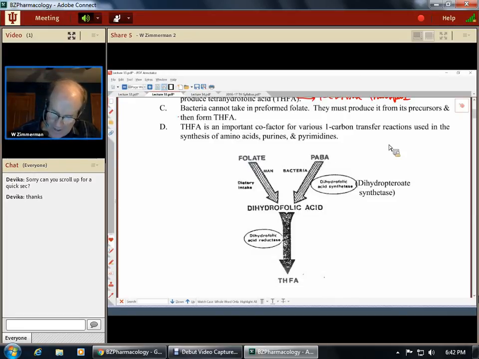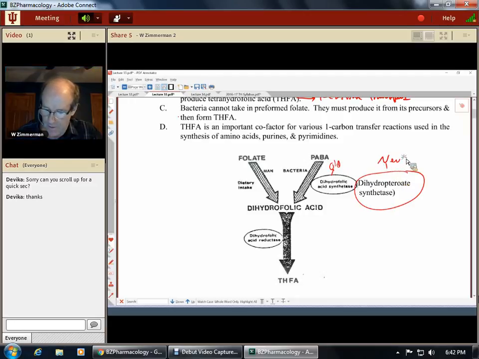We used to call it dihydrofolic acid synthetase, that would convert the PABA to the dihydrofolate. That's sort of an old name. This is the newer name, the dihydropteroate synthetase. And why they made that change, I'm not sure. But anyhow, that produces the dihydrofolate, and the dihydrofolate then gets further reduced by the dihydrofolic acid reductase to the tetrahydrofolate.